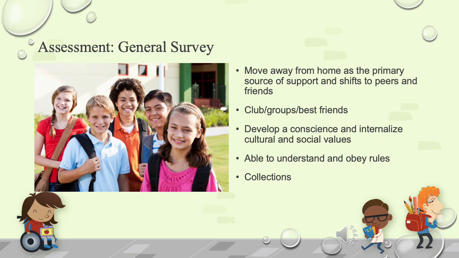This is a very impressionable age where they may be experimenting with cheating, lying, or stealing. And a child at this age is learning their self-discipline, and they want to expect discipline for their wrongdoings. So needless to say, they're able to understand and obey the rules. Additionally, they love to have collections, whether it's stamps or coins or Shopkins, what have you. It's common for this age group.